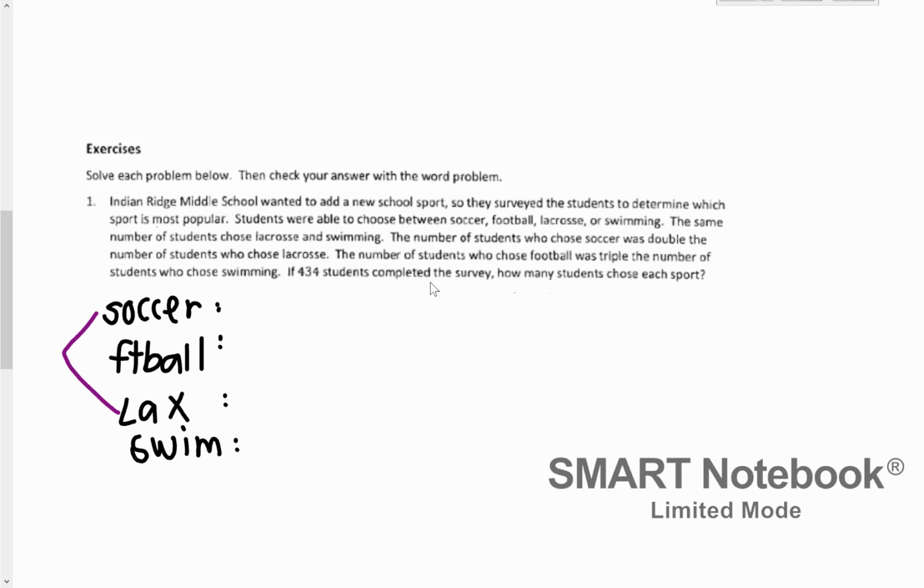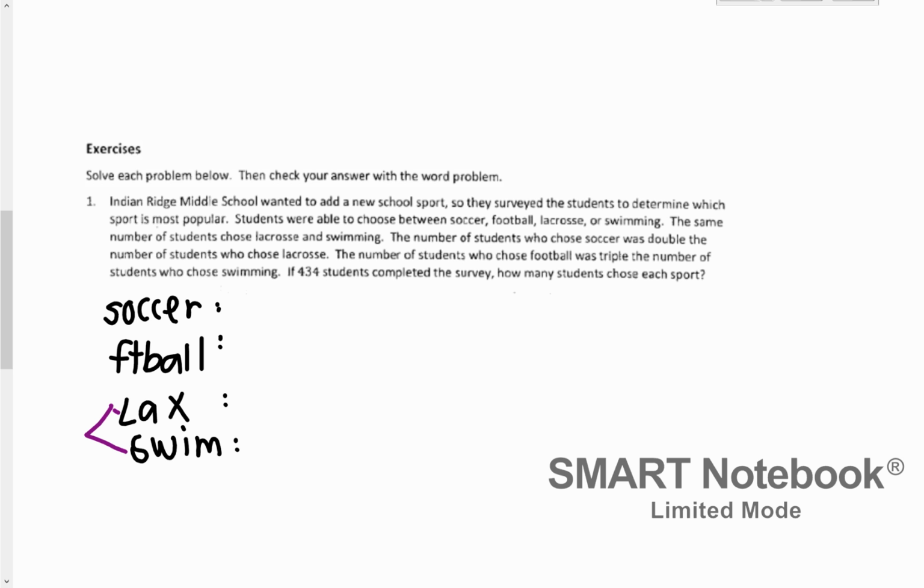If 434 students completed the survey, how many students chose each sport? Okay, so they are comparing, sorry, I just realized that I connected lacrosse and soccer when I shouldn't have. I should have connected lacrosse and swimming because the same number of students chose lacrosse and swimming, not lacrosse and soccer. Okay. So when I read that next sentence, that did not make sense.